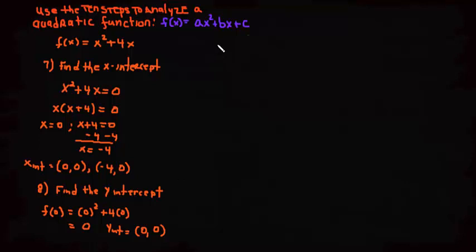Number 9, what do we do? Step 9, we actually graph f of x. We graph f of x, so we want to plot the vertex, the x-intercepts, and the y-intercept.